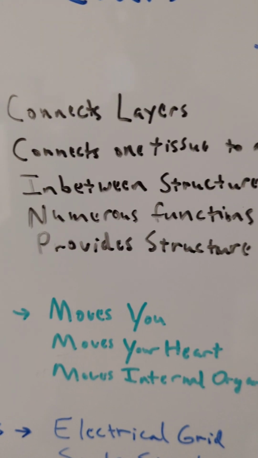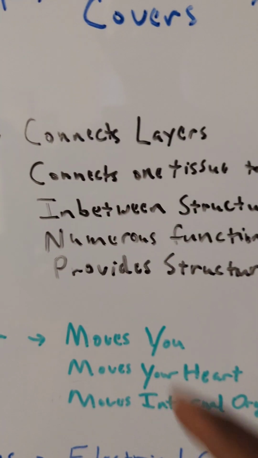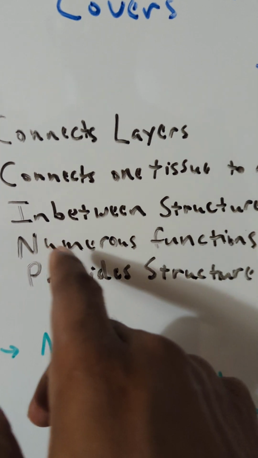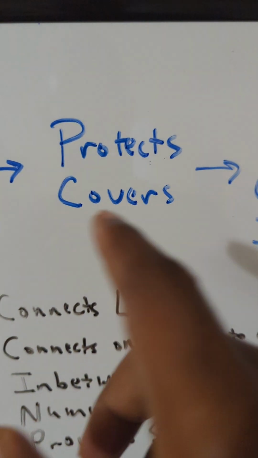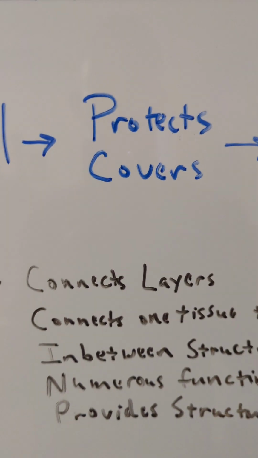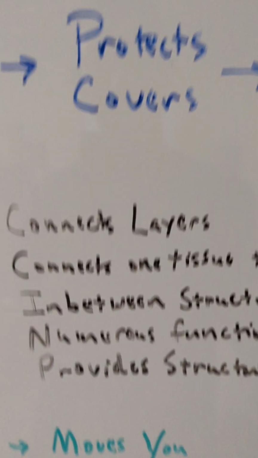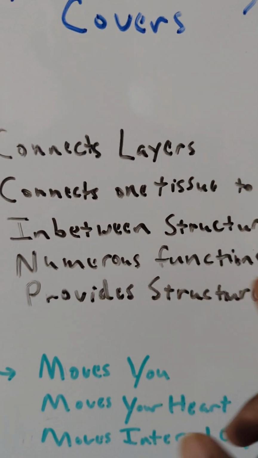Sometimes connective tissue will act as a cushion to other organs, and connective tissue has numerous functions, whereas epithelial tissue, pretty much, covers and protects. It can do a few other things, but most of what it does is protecting and covering things. Most, right? Connective tissue has numerous different functions.